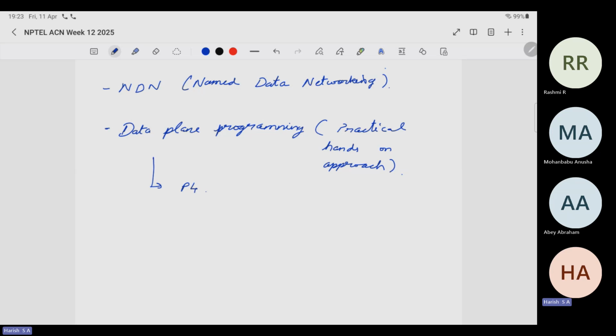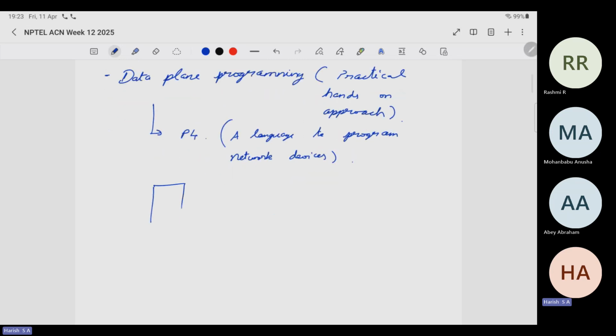So this P4 is nothing but a language to program network devices. This was what was brought up, and you would have gone through some basics. There's a whole video on P4 as to how it handles things based on stages. So this is the theoretical approach to P4. But how does P4 programming actually work?